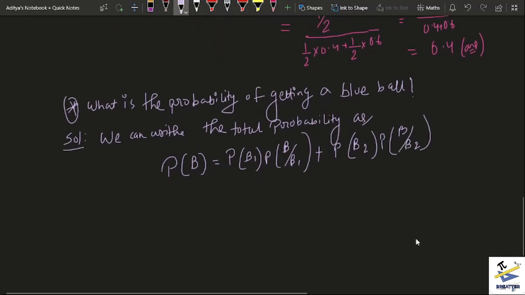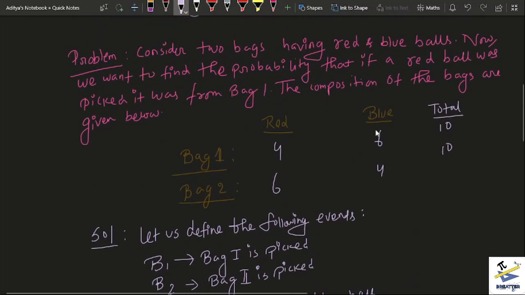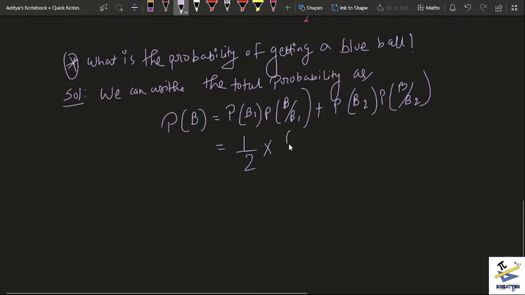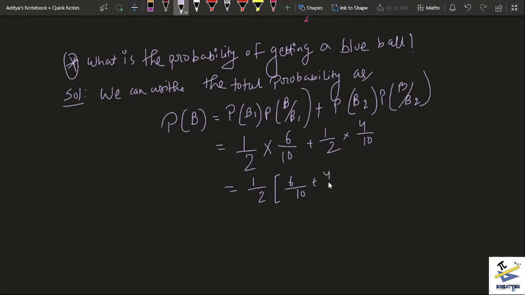And we know the probabilities of the bag is half, so it's half into probability of blue ball in bag 1. So we can go back to the table and we see it's 6 by 10. So this should be 6 by 10, and similarly this should be 4 by 10, and this gives us half into 6 by 10 plus 4 by 10, which is 1. So it's basically half.